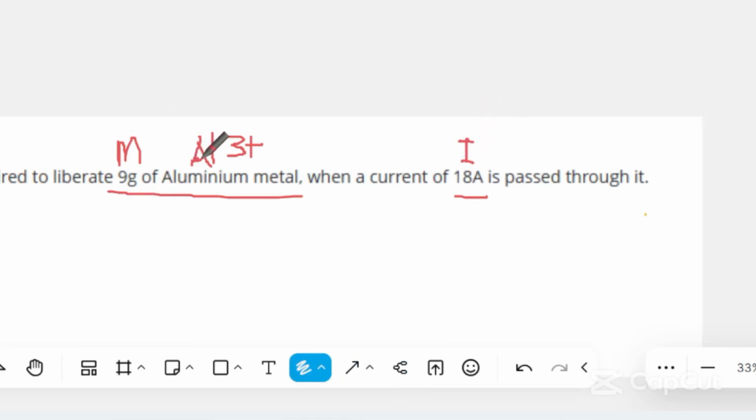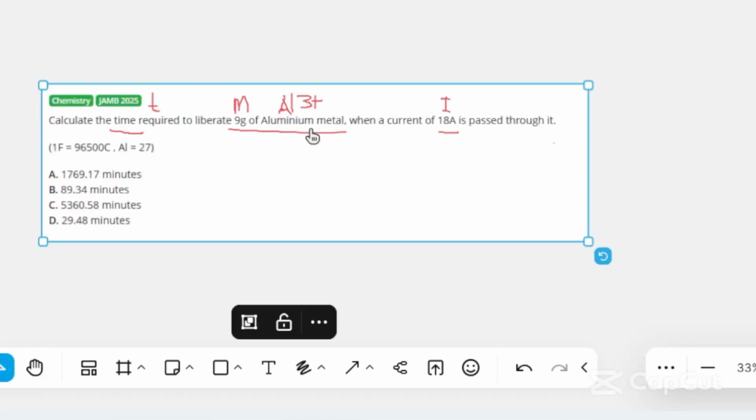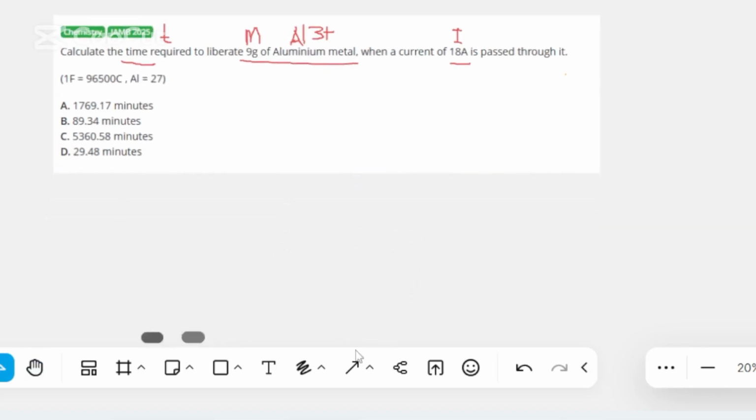So how do we go about solving this question? Again, what you are looking for is the time. There's a formula I'm going to give you.